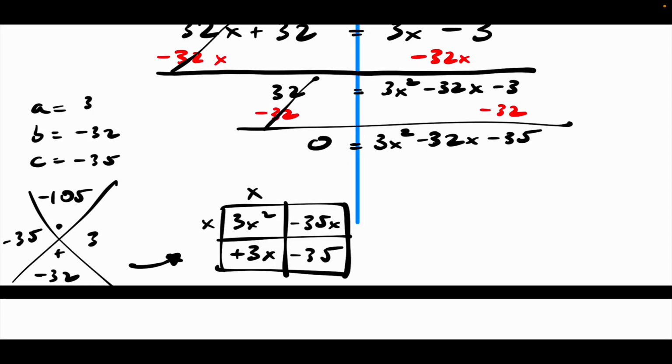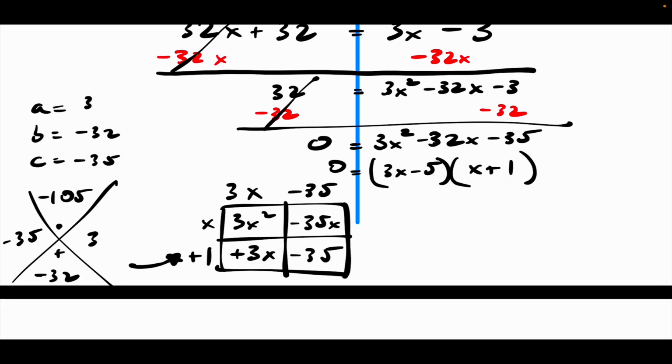So 3 has to go up here because 3 times positive 1 makes positive 3. And then negative 35 times x makes negative 35x. So I get 3x minus 5 and x plus 1.